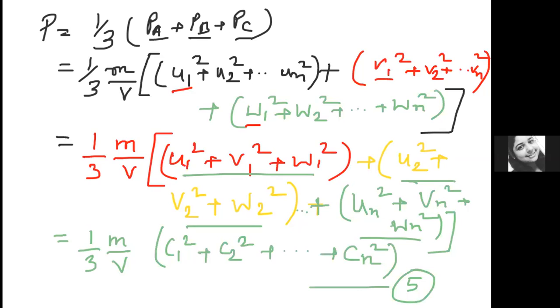Up till now it's okay? Fine. Now the capital C is called the root mean square velocity of the molecules, and it is equal to the square root of the mean of the squares of the velocities of various molecules.